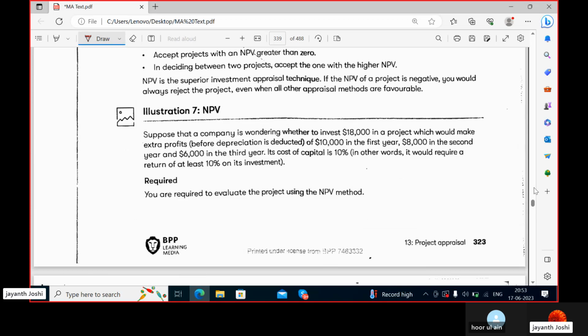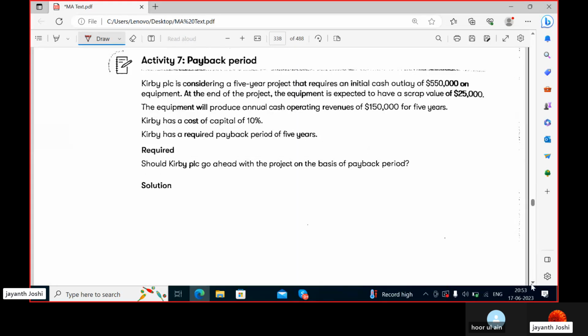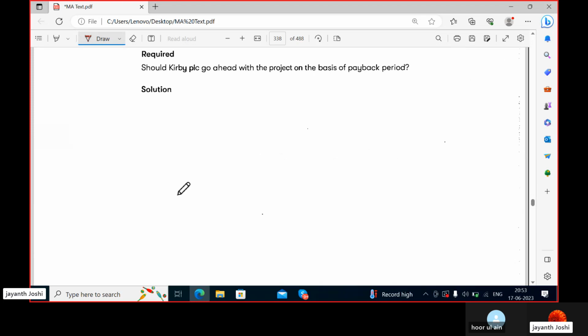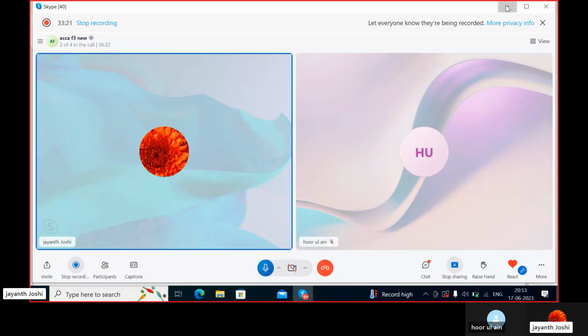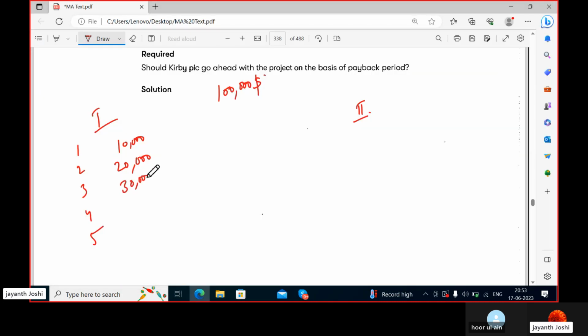Okay, let's now understand what the payback period tells. Let's say I am taking two projects, project 1 and project 2. Here my initial investment is $100,000. For project 1, I'm getting cash flows of $10,000, $20,000, $30,000, $40,000, $50,000.